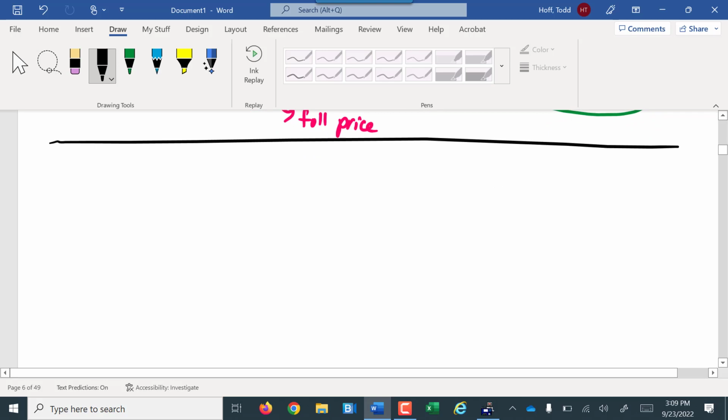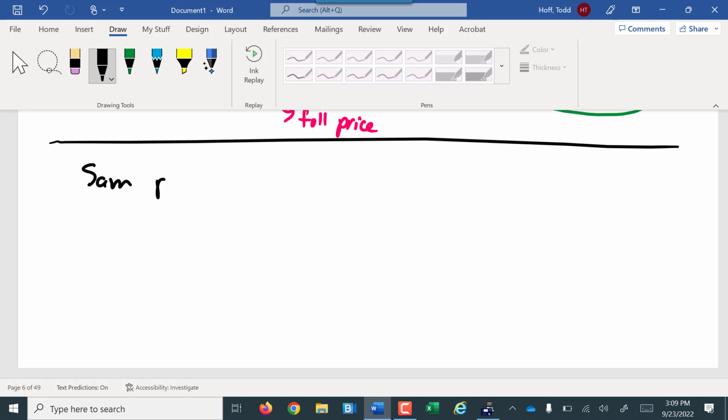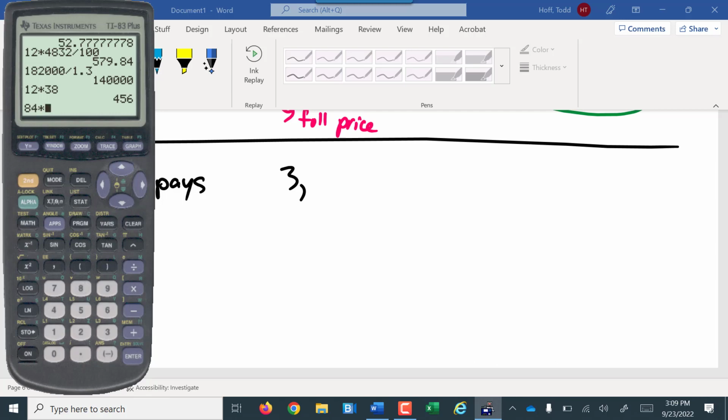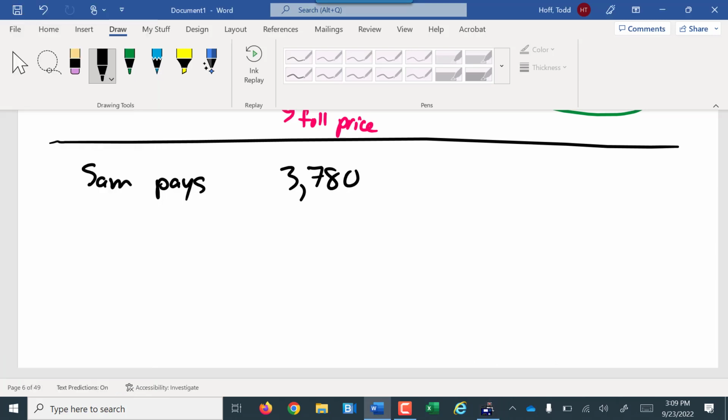So let's look at one where, let's say, Sam pays $3,780 for supplies after a 16% trade discount.